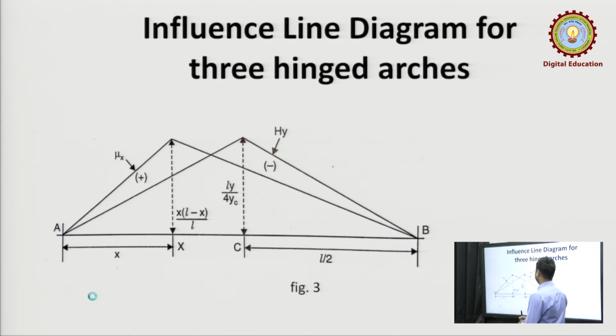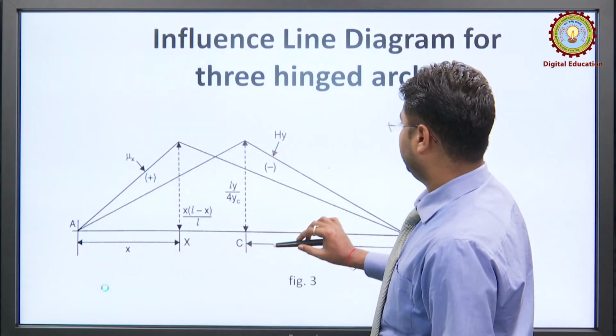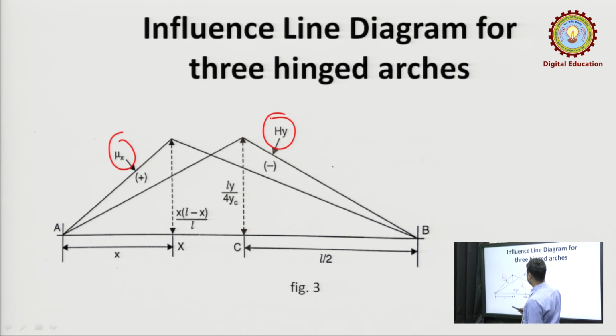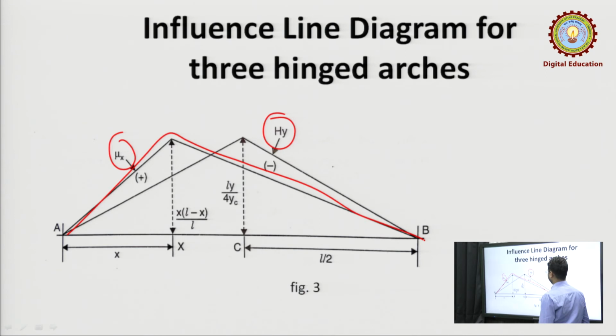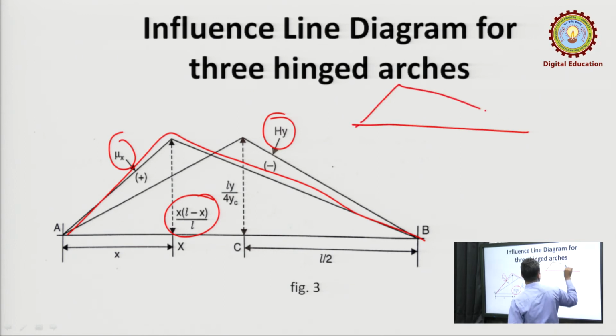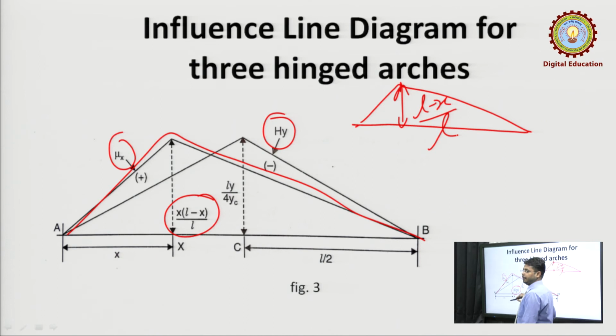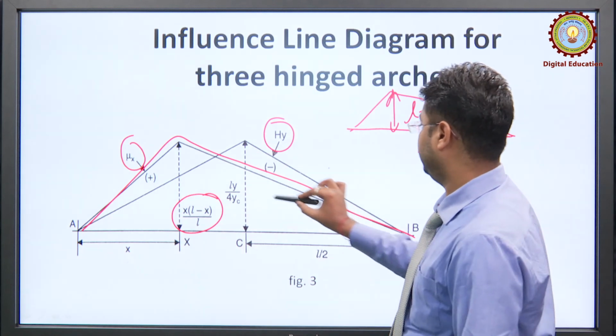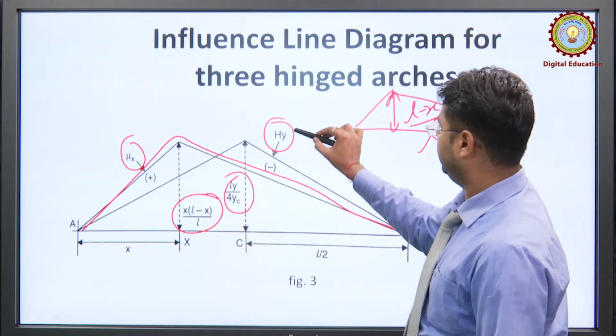Now you can see here the moment diagram for Mx and H_y, two different diagrams. For Mx, the ILD will be like that, and the maximum ordinate for moment was (L minus x) upon L. The maximum ordinate for the horizontal thrust was Ly upon 4yc.